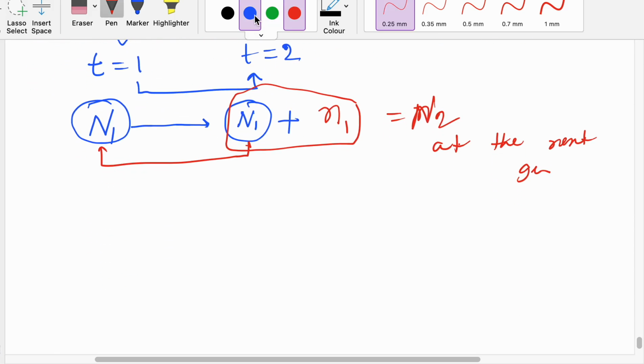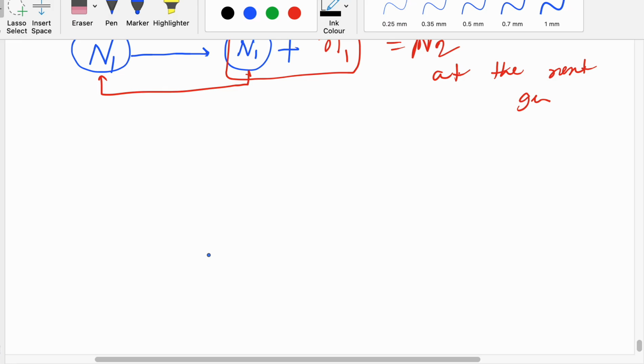Then we can't write a continuous model, but we have to write something that captures the growth rate of the population.